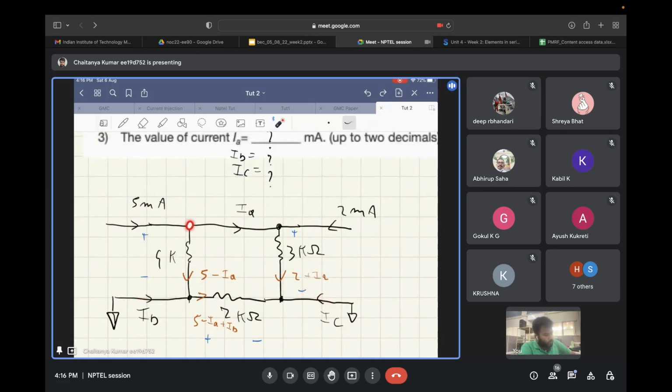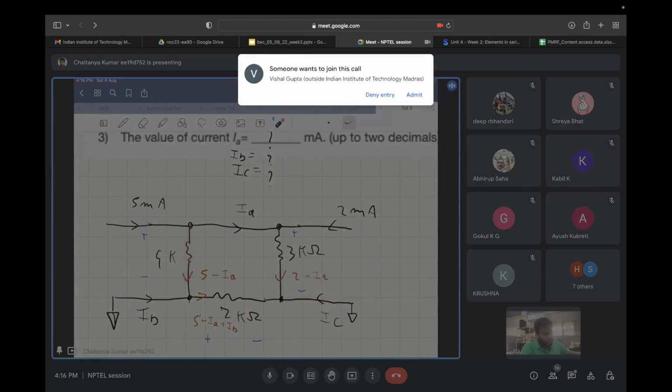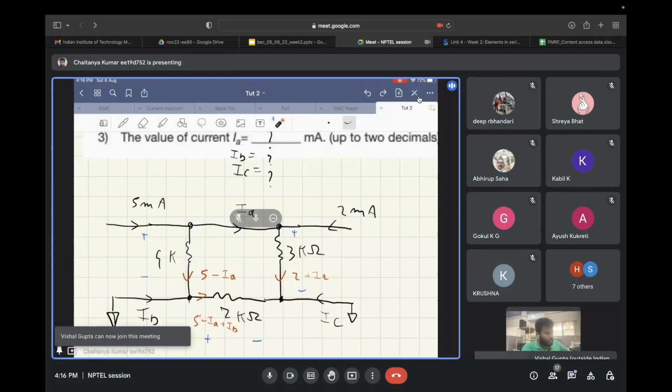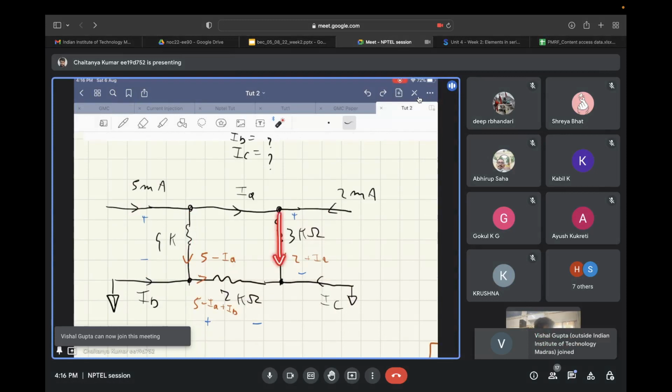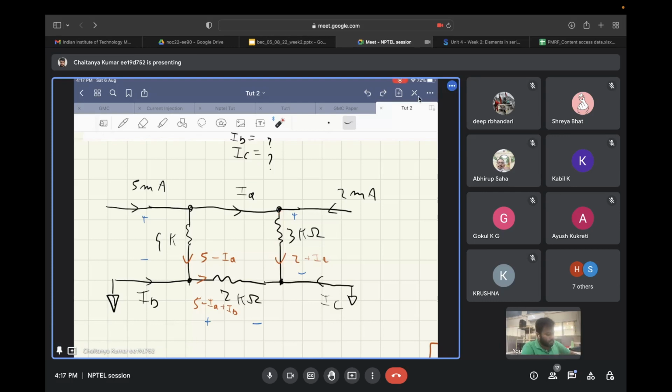At this node, we have current 5 milliampere coming into the node and our current IA leaving the node. So the current flowing in the 4 kilo ohm branch will be 5 minus IA. Similarly, the current flowing in the 3 kilo ohm branch will be 2 plus IA.